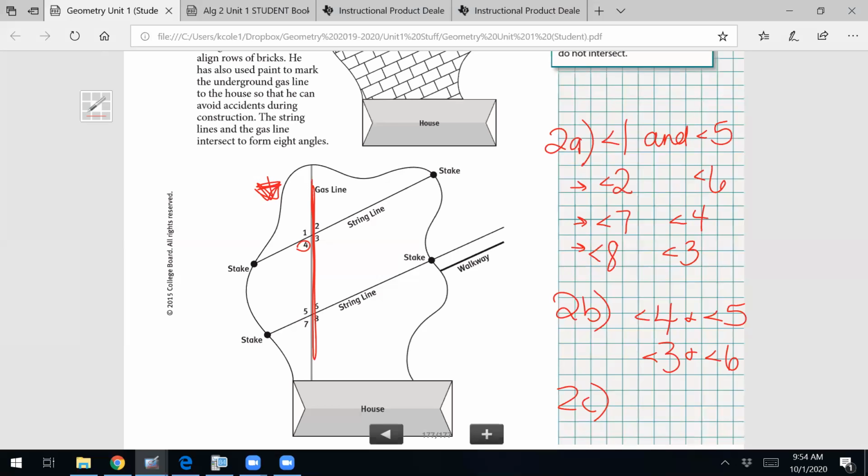It says alternate interior angles are pairs of angles that are between the two lines and on opposite sides of the transversal. So 4 is going to be with 6. Okay, so this is what, 2C? 4 and 6 are alternate interior angles. What's the other set? 3 and 5.